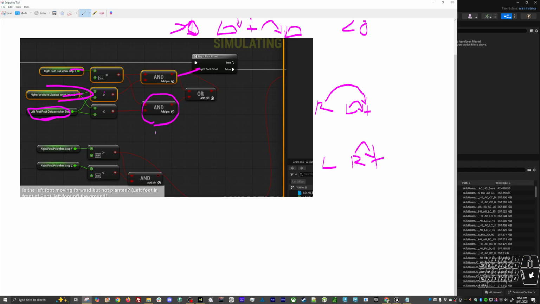So in this one, the right foot is closer to the root, but behind the root. So this is always the right foot is behind the root. And then on this one, we are also saying that the right foot is closer to the root. And then on this one, we're saying the right foot is farther. And then this can be true. Okay, got it?